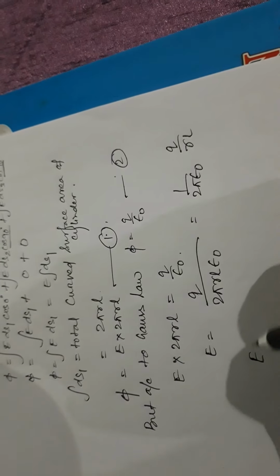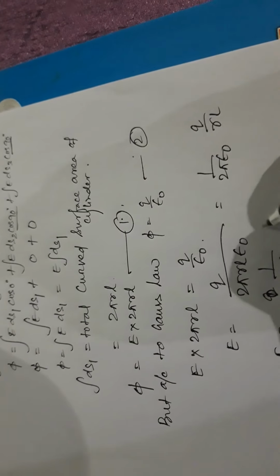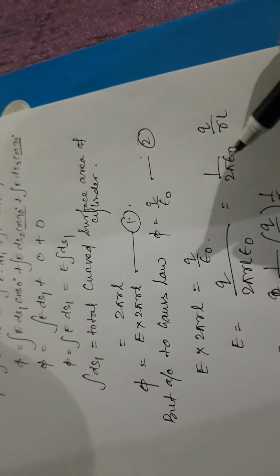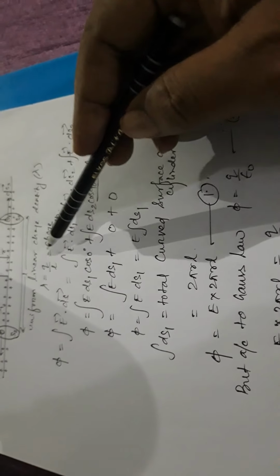Now here you see E is equal to 1 by 2 pi epsilon naught Q by L into 1 by R. Now this Q by L, as you have already taken, is the charge per unit length.